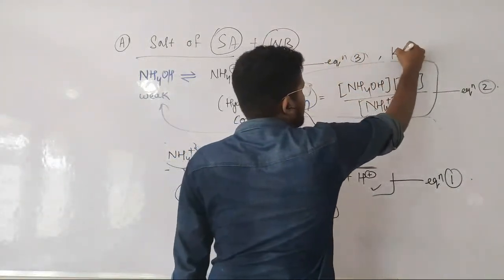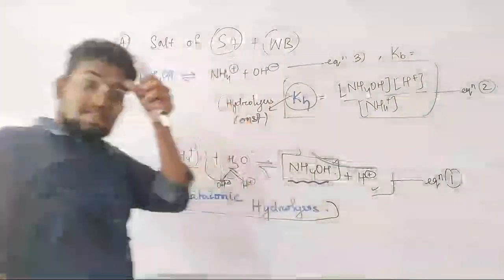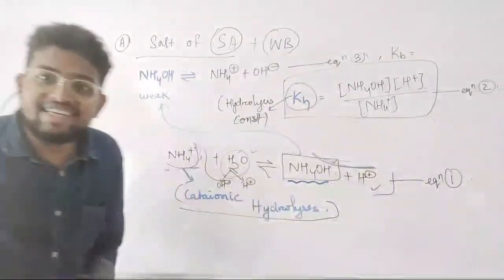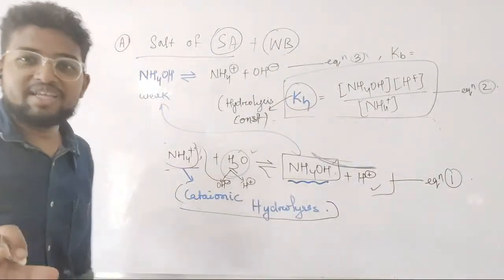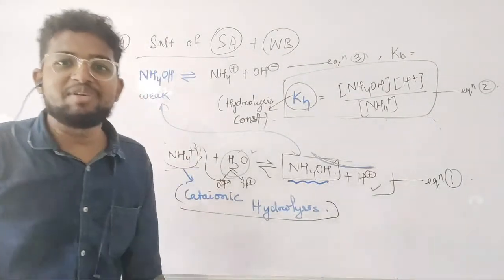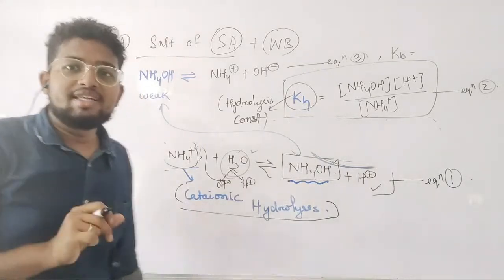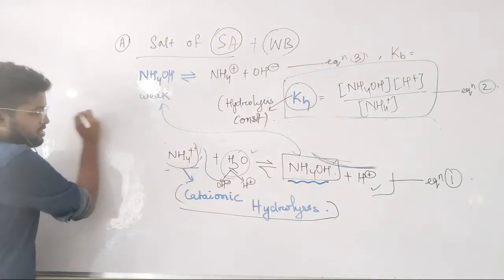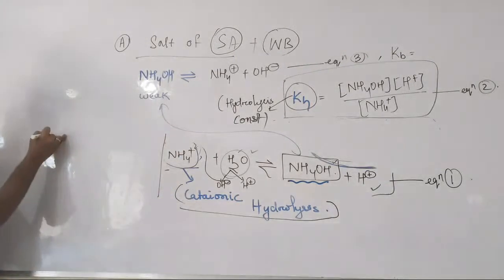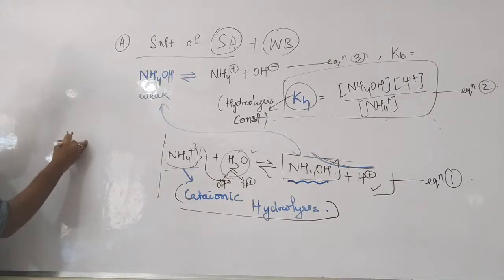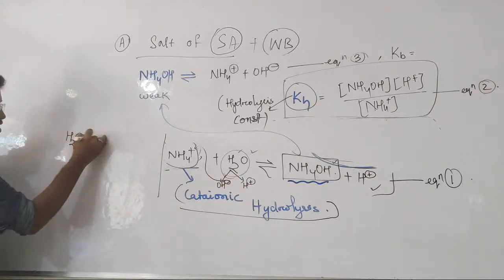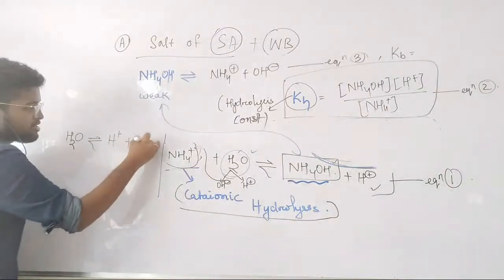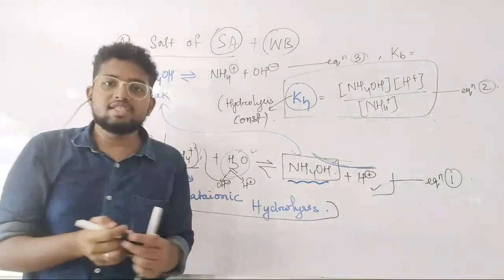And do you know what will be the equilibrium constant here? The base constant Kb, right? For a weak base, the base constant Kb will be product by reactant. Similarly, what else is happening in the system? Yes, water. H2O can also break into H plus and OH minus, because water is also in excess in the system.